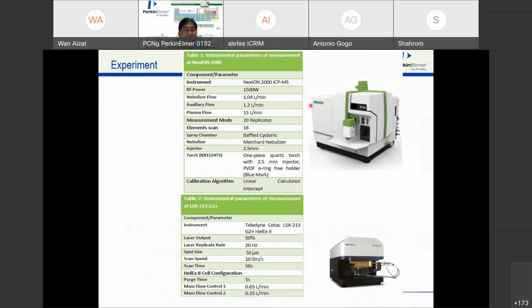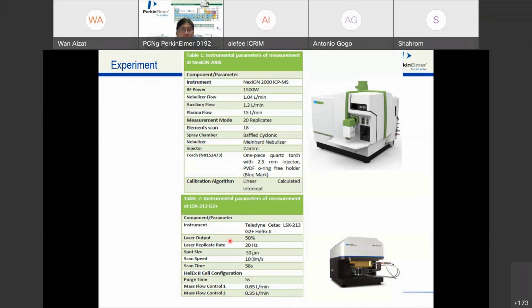This is the ICP-MS that has been used coupled with laser ablation. In this case, the ICP-MS can analyze solid samples. With the laser ablation, the fuse bit that is analyzed on XRF, the same fuse bit can be put into the laser to be analyzed.